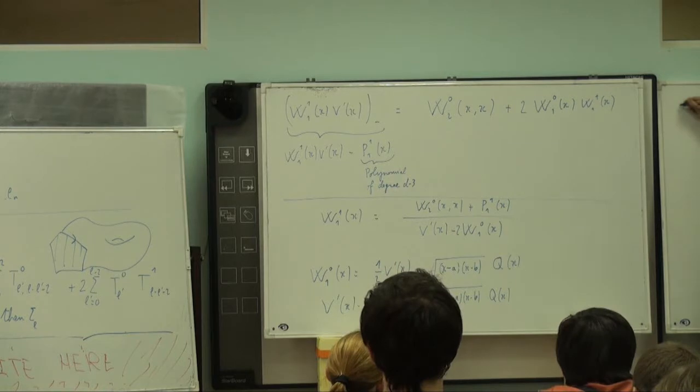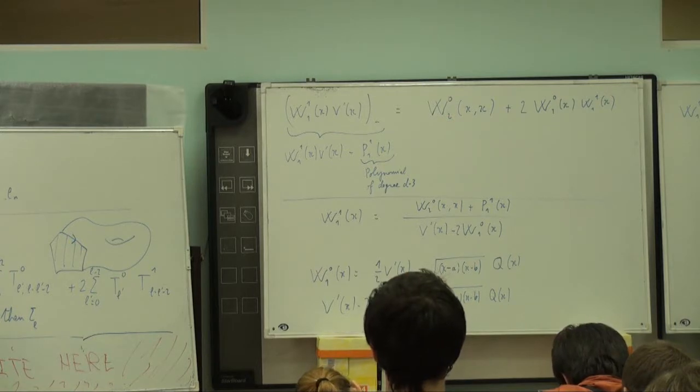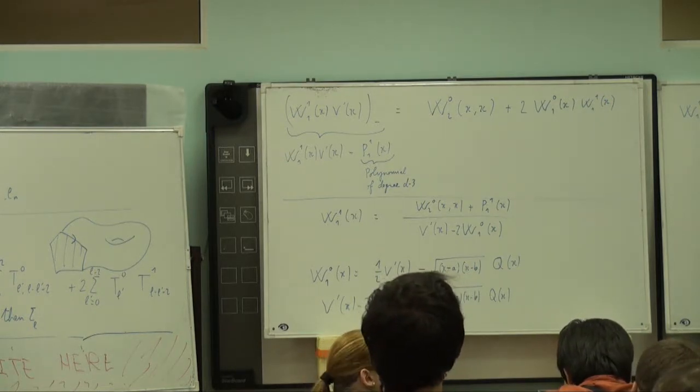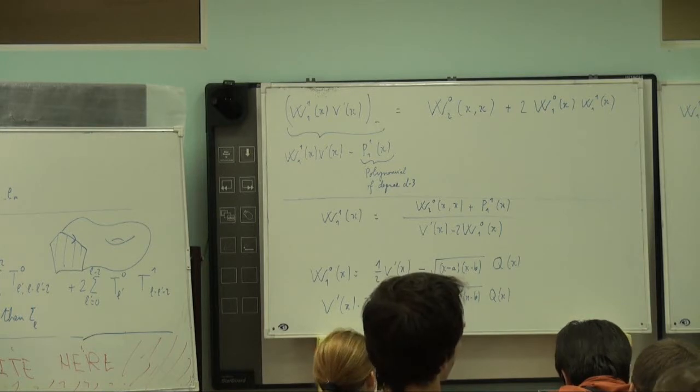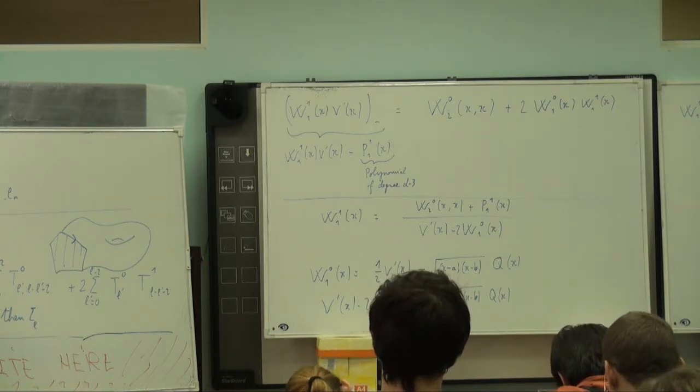Which means that W_1^1 of x equals W_2^0(x,x) plus P_1^1(x) over 2 times the square root of (x minus a)(x minus b) times this q(x).